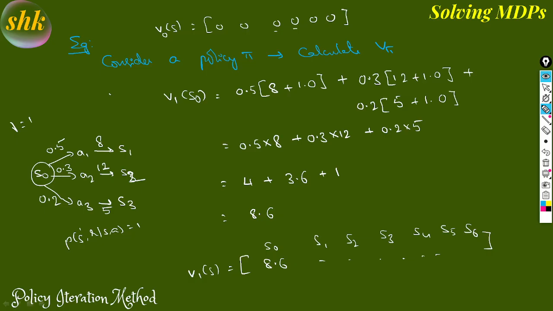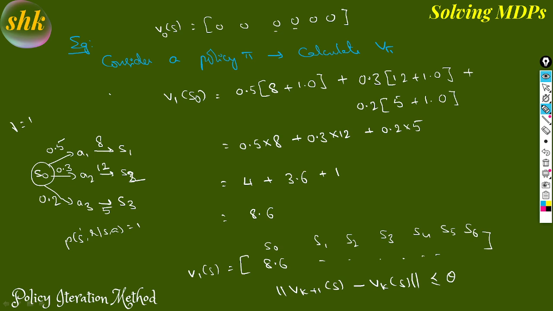Repeat this process to find the various value functions. We continue until, for a particular iteration, the difference V(k+1) of S minus Vk of S is less than or equal to the acceptable error, which you can call epsilon or theta.